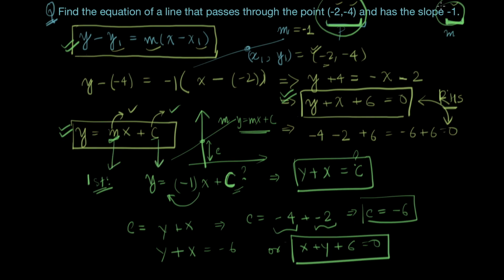Using the information that the slope is -1, we simply substituted -1 in place of m, as we did in the first case, but the second piece of information was a bit tricky because it did not indicate simply any point through which the line passes, but actually indicates the intercept of the line. So we had to use that information, substitute it in this equation, and evaluate for c. We ended up getting the same equation, as we should have, because it's a unique, single line. So that is how you could have done this question.